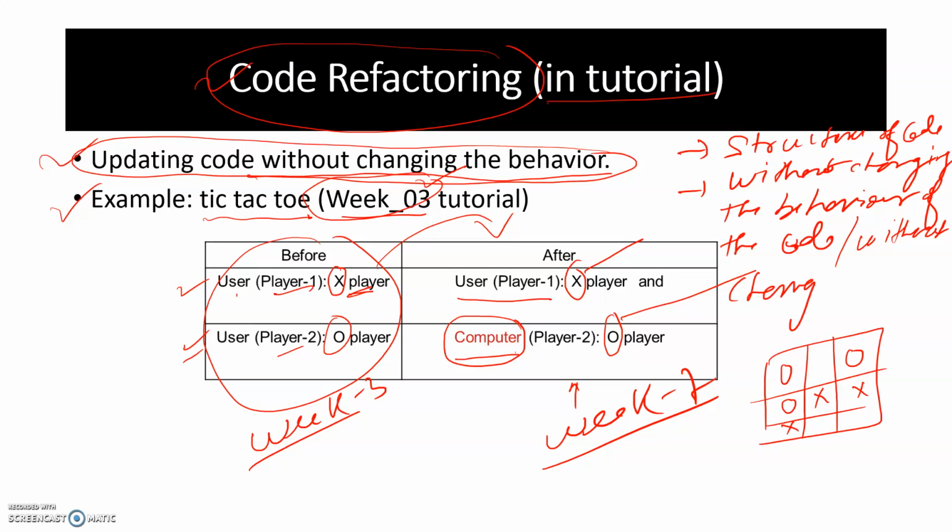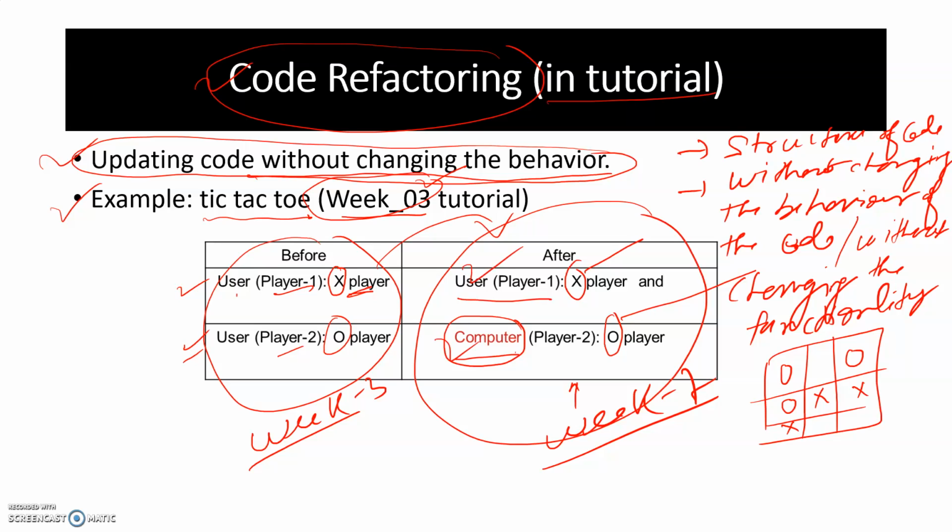Here you can see the functionality is the same. Player 1 is playing, player 2 is playing. The only difference is that player 2 is replaced by a computer. So this is all about code refactoring.